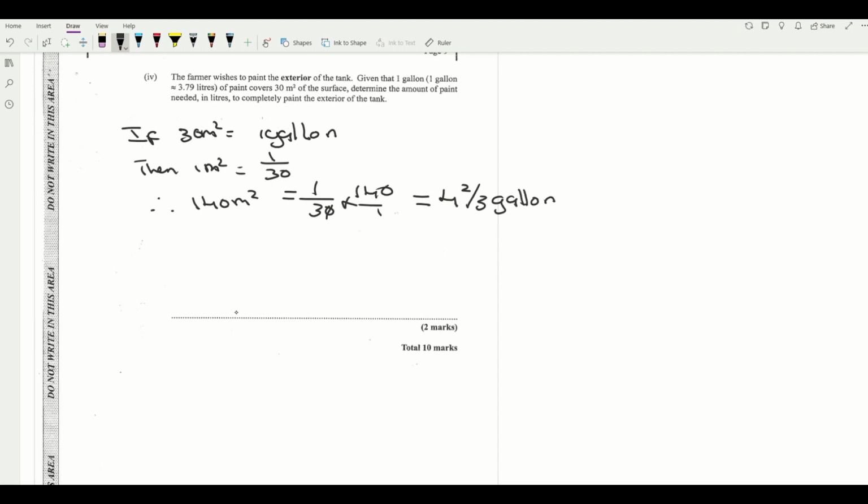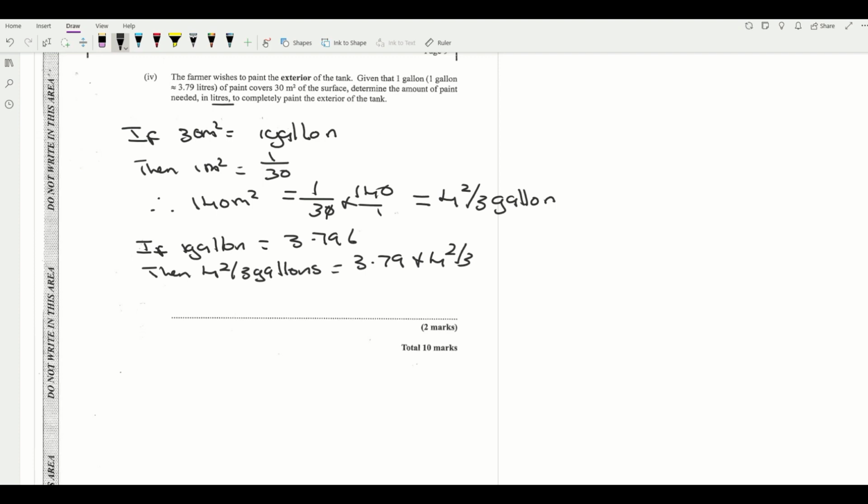right? That is the first part, but they ask you to determine the amount of paint needed in liters. So what you would do is you would say if 1 gallon is equal to 3.79 liters, then 4 2/3 gallons is equal to 3.79 multiplied by 4 2/3.